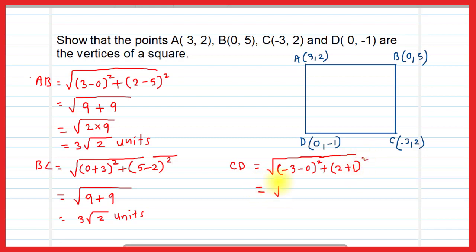So which is equal to square root of minus 3 bracket square, that is 9, plus 2 plus 1, that is 3, and its square will be 9. So which is equal to, again it will be 3 root 2 units.